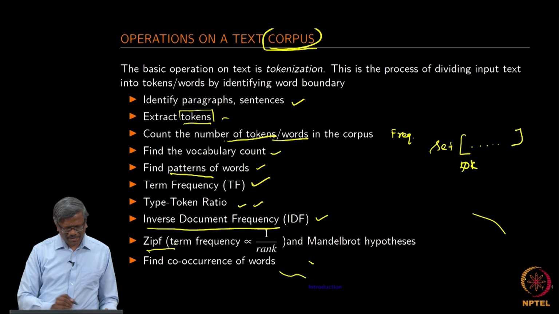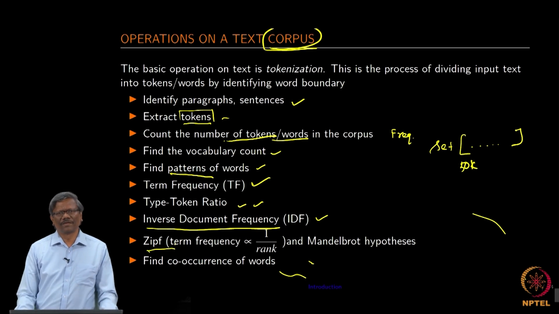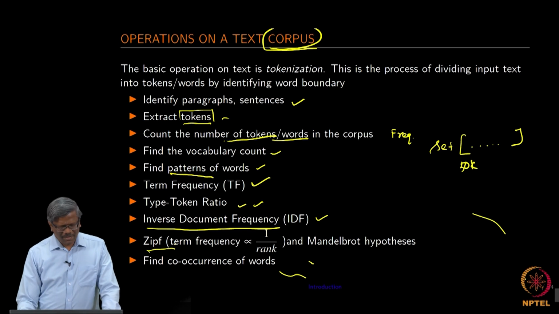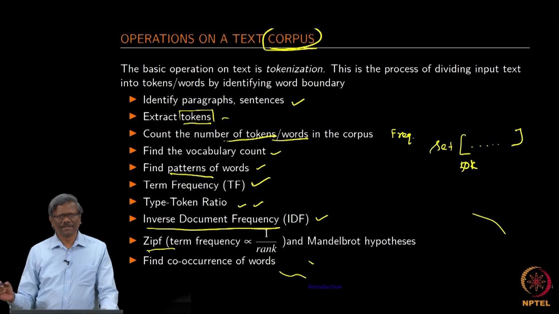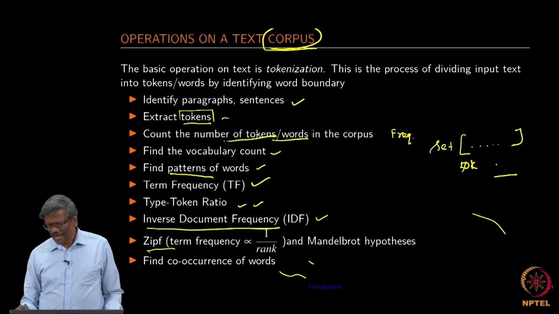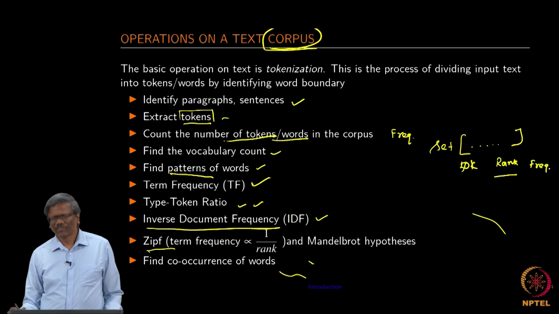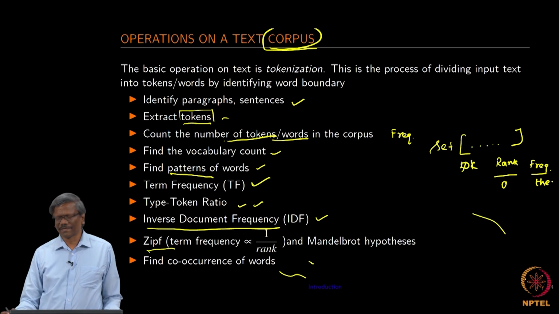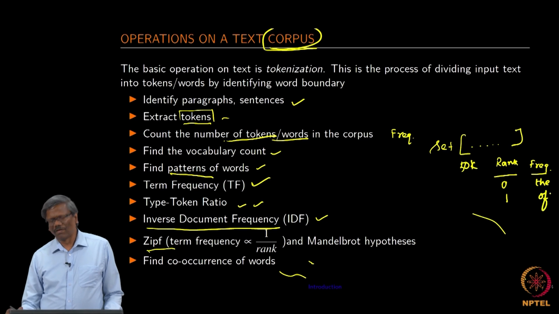And then there are other empirical formulas or hypotheses that are available. They are called Zipf and Mandelbrot. So, Zipf tells us the term frequency is proportional to the rank. For example, when you start ranking words in terms of frequency, right, the highest frequency will be, let us say, rank 0, 'the', which is the most commonly occurring word, right, and then rank 1 which will be, let us say, 'of', and so on.